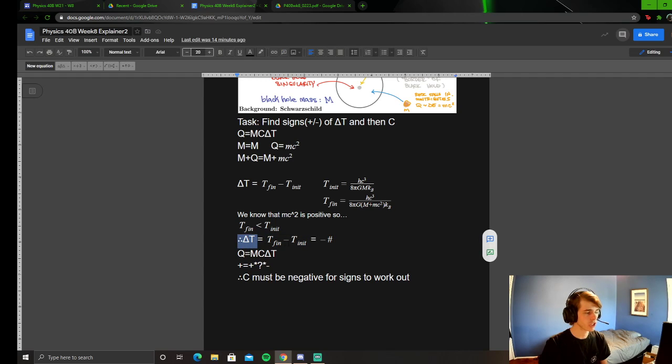Therefore, the change in temperature is negative. When we look again at Q equals mcΔT, we know that Q, the energy, is positive, and the mass is positive. We don't know what the specific heat is yet, and we know the temperature change is negative. So C must be negative for these signs to work out, because a positive must equal a positive times a negative to be equal to a positive.